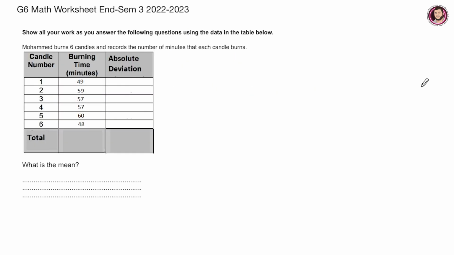Show all your work as you answer the following questions using the data in the table below. What is the mean? To find the mean, guys, we need to find the total of these, then divide by 6 as we have 6 values. So you would add 49 plus 59 plus 57 plus 57 plus 60 plus 48, which equals 330. Now divide 330 by 6. 30 divided by 6 equals 5.